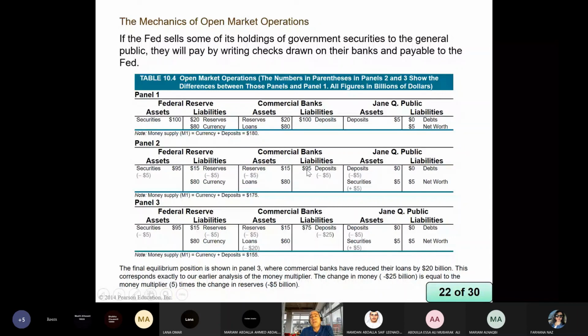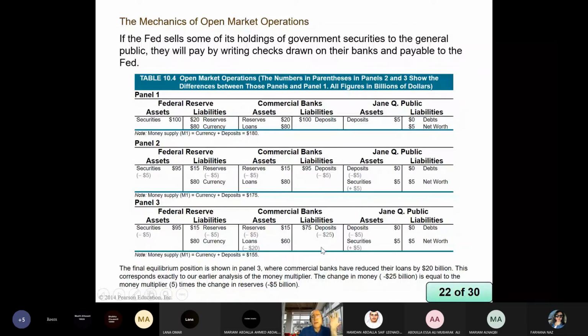So the first decrease was when Farhane withdrew money to pay the central bank, which is 5, and the additional decrease was when commercial banks cleared some of their loans, so a further reduction in deposits. So the total decrease in deposits from 100 to 75 is 25. Nothing changed in the balance sheet of Farhane.